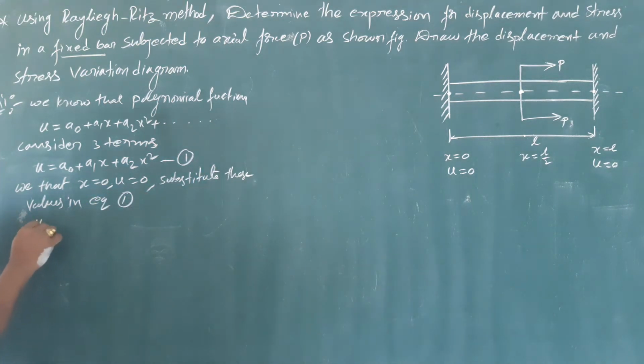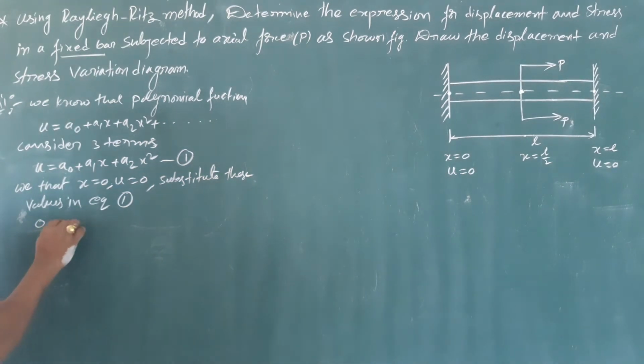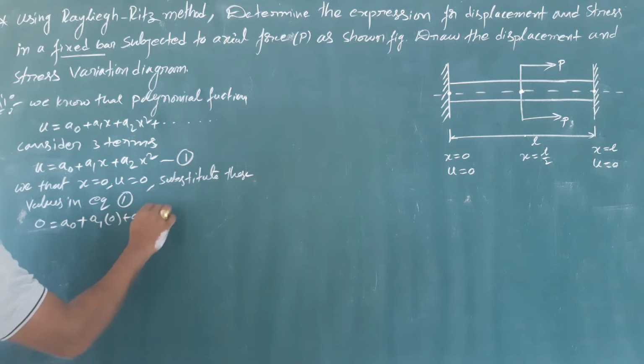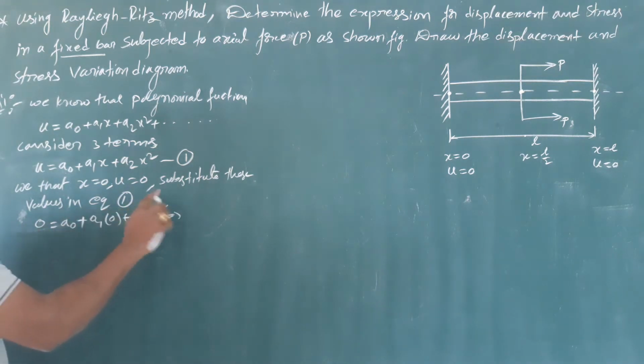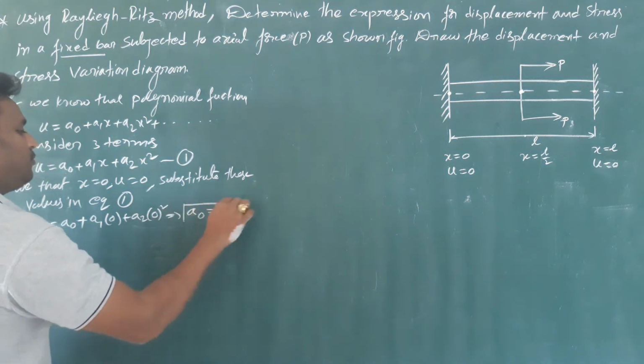Now we get u is equal to a0 plus a1 times 0 plus a2 times 0 square. Finally we get a0 is equal to 0.